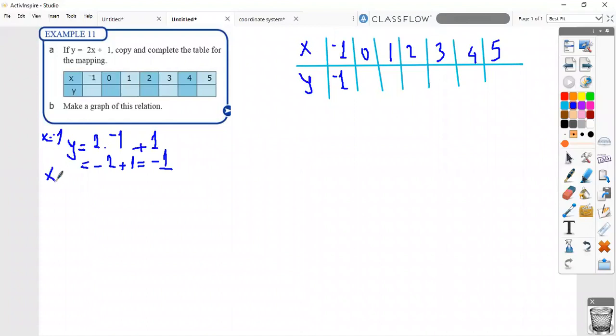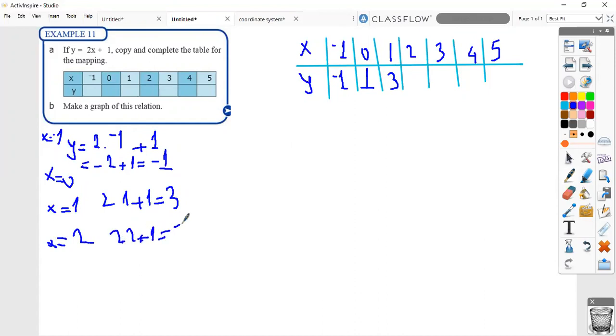Now let's say x is equal to 0. 2 multiplied by 0 is 0, plus 1, it will be 1. Now if x is equal to 1, 2 multiplied by 1 plus 1 is equal to 3. If x is 2, 2 multiplied by 2 plus 1 is equal to 5.